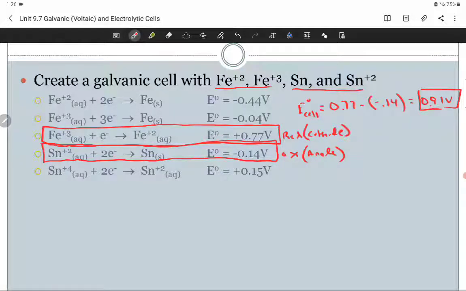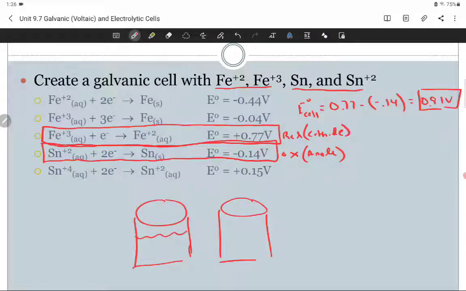So same kind of deal. We got our 2 beakers. We have our piece of tin. We have iron ions and iron ions.